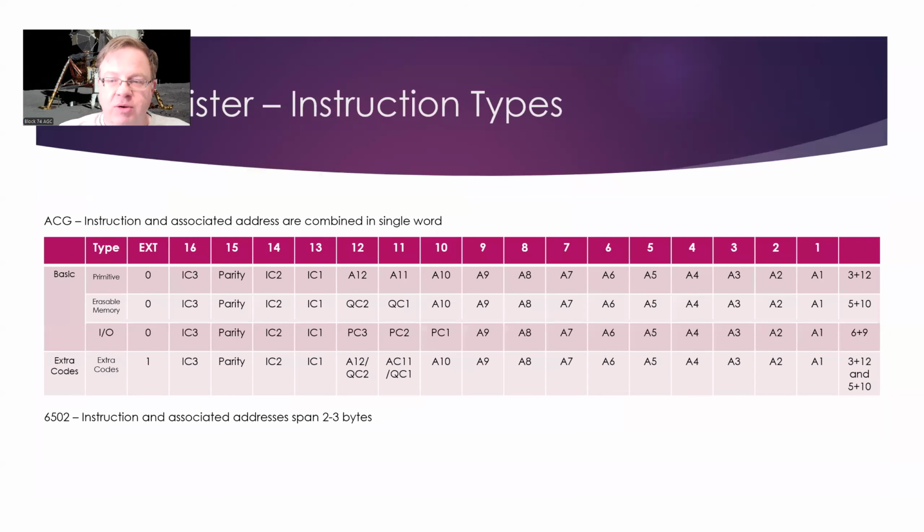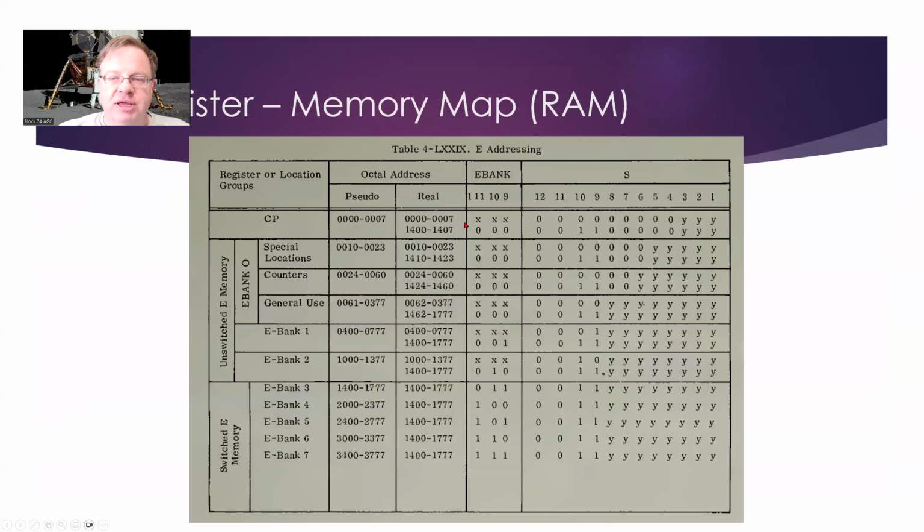So in part of our decode, regardless of the contents of these low 3 bits, we're still going to be able to access those registers as if they are memory itself.